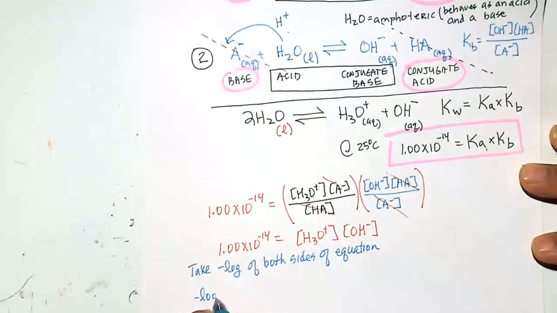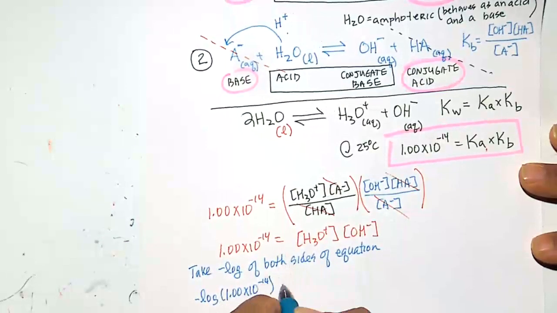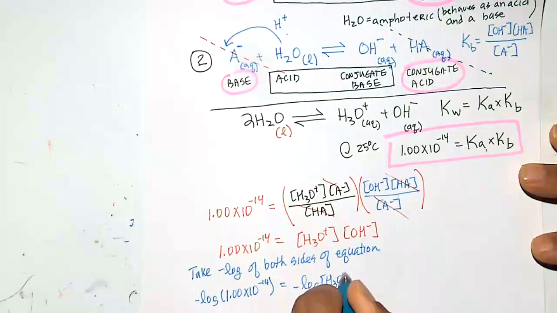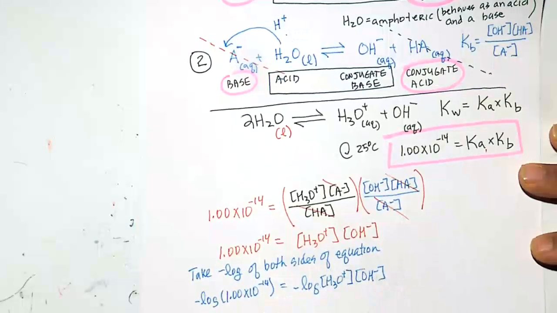So this is going to be minus log of 1.00 times 10 to the minus 14 equals minus log of H3O plus times OH minus. All that is in products.